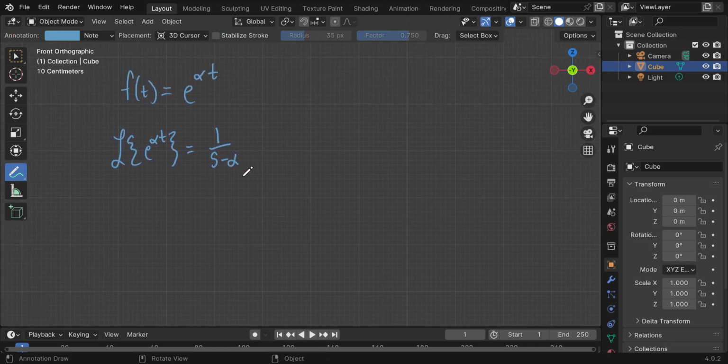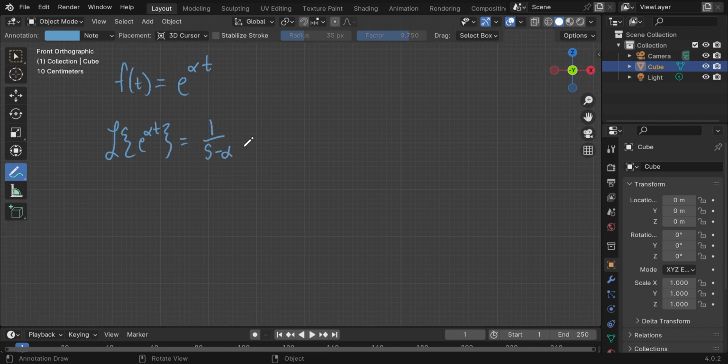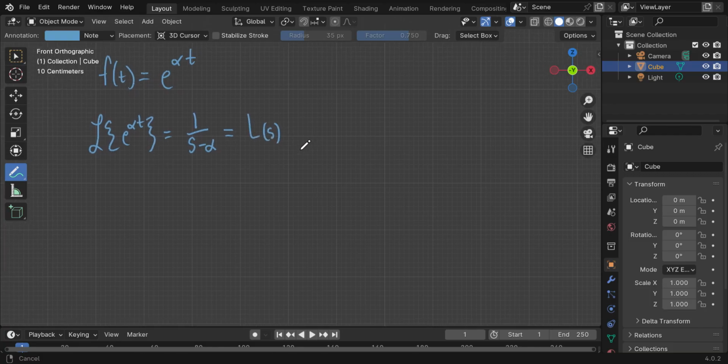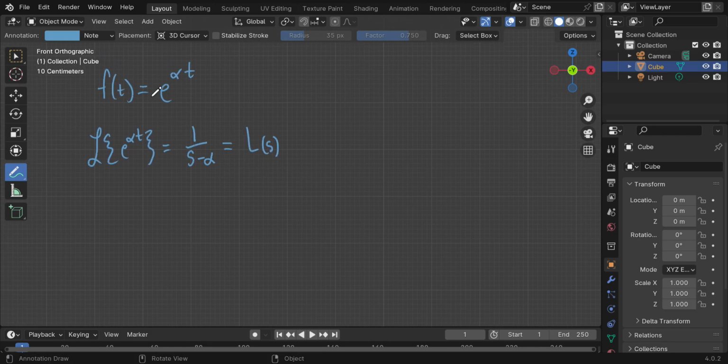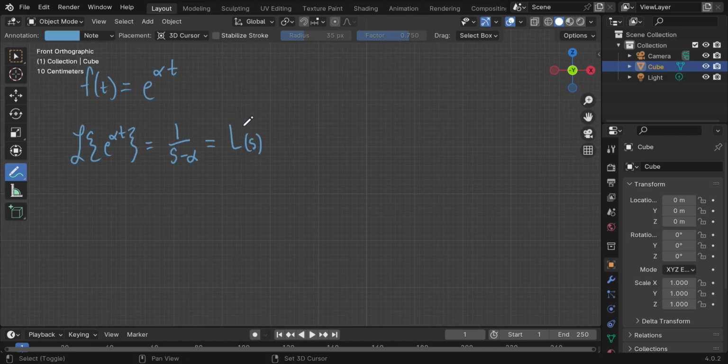So what if I'm given this formula right here, saying I'm giving you some L of s? What was the function, the f of t, that I started out with to create this? In this case, I started out with e to the alpha t.